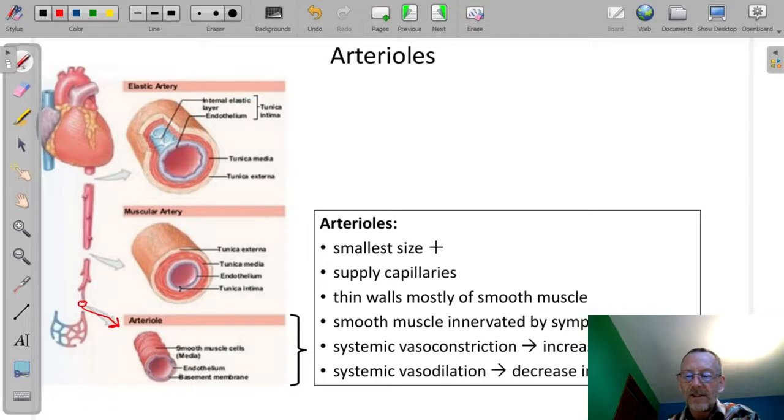And these are the smallest. They're nearly microscopic, and they supply capillaries. So this is representing a capillary on the left. They have thin walls, and it's mostly smooth muscle.